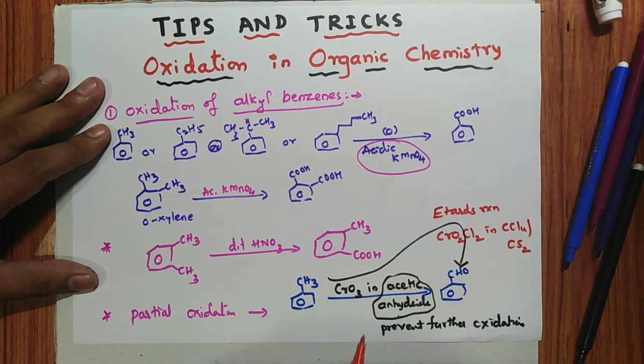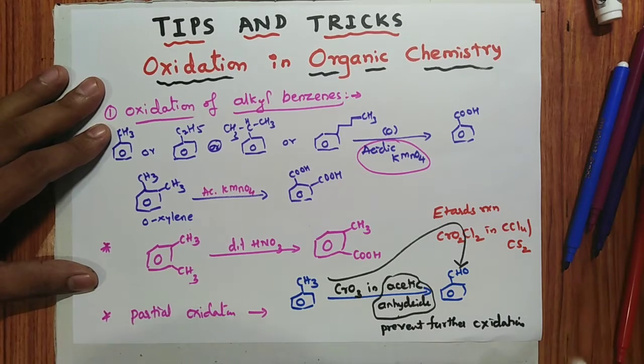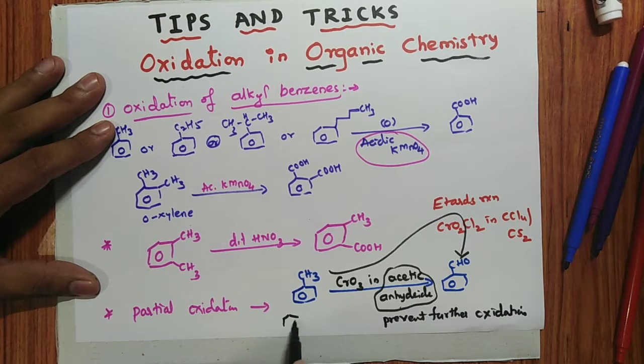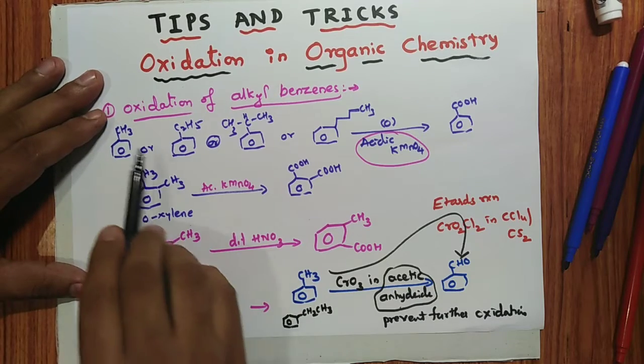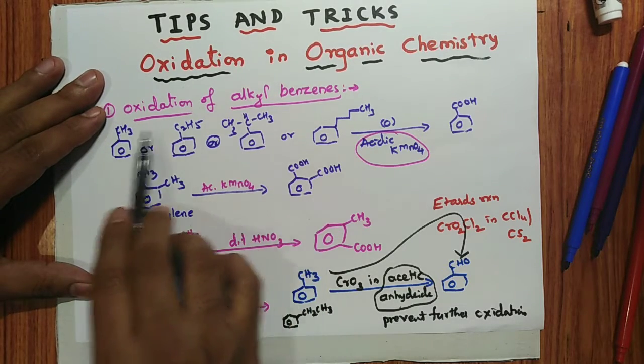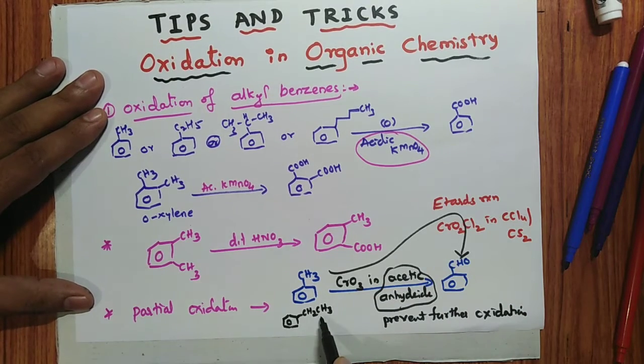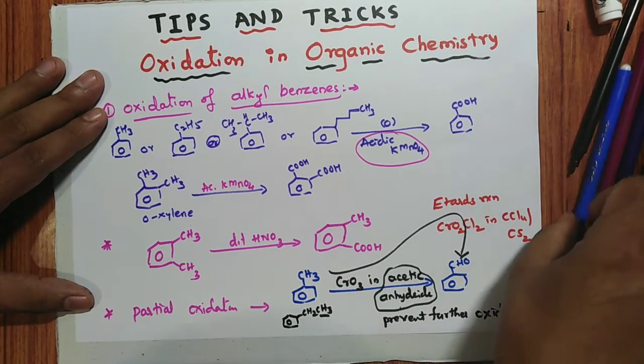But remember, in case of Etard's reaction, one point I am going to tell you: if I consider a compound like this, CH2CH3, see here, CH3, C2H5, anything is converted into CHO. But here remember, it will convert only the last carbon into CHO.